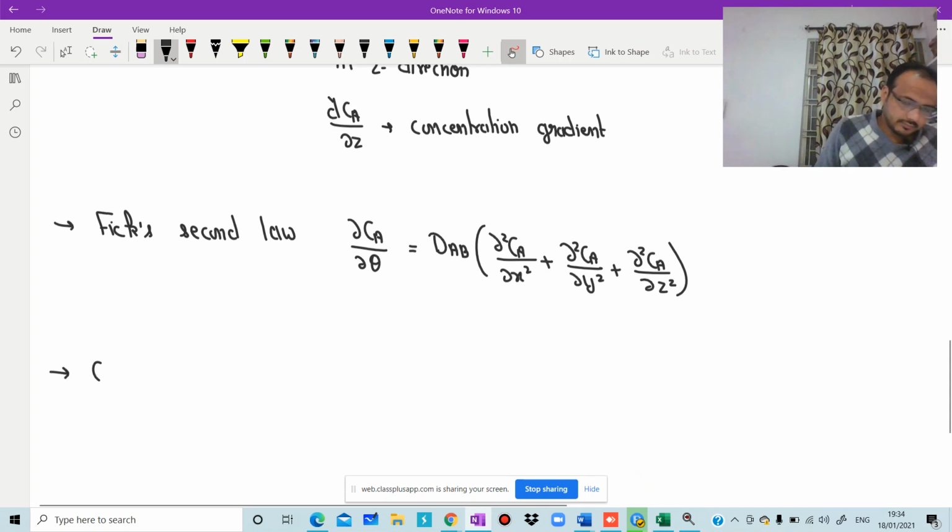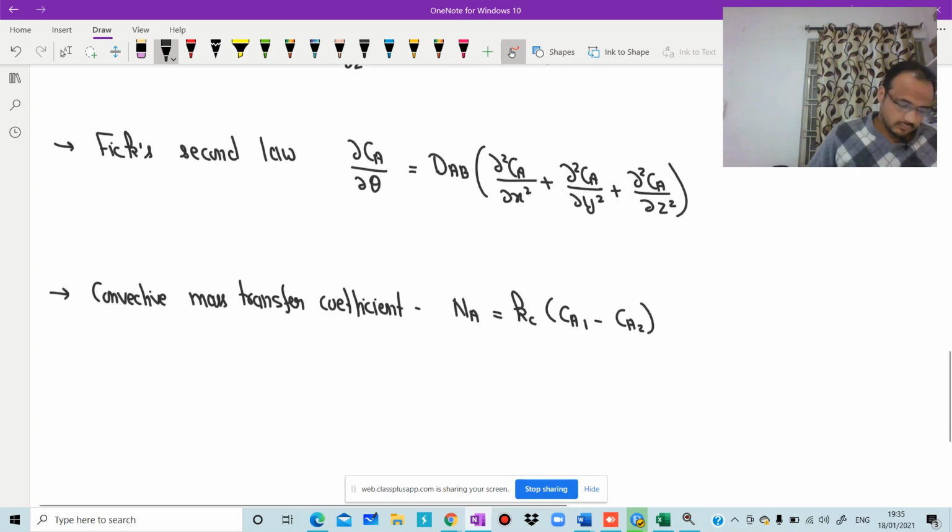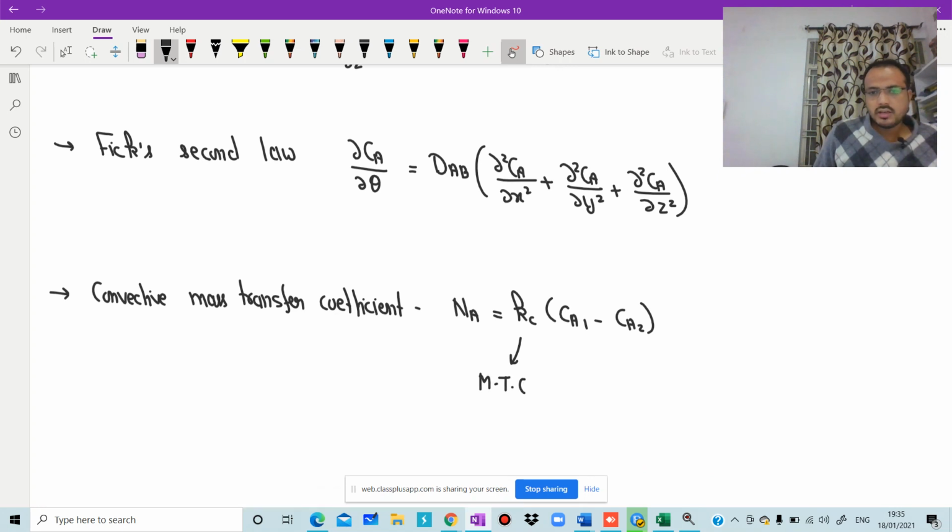Next is convective mass transfer coefficient. NA is equal to Kc into CA1 minus CA2. Kc is the mass transfer coefficient having unit of meter per second.